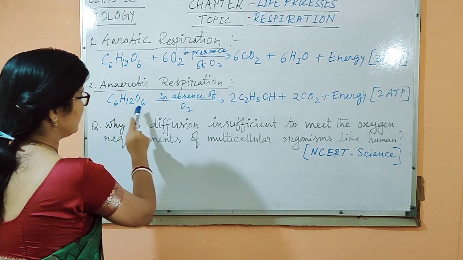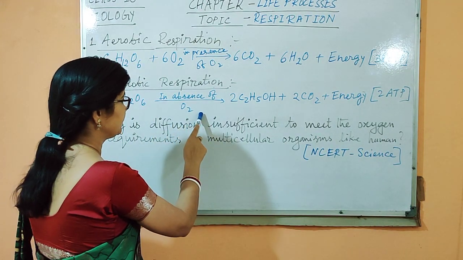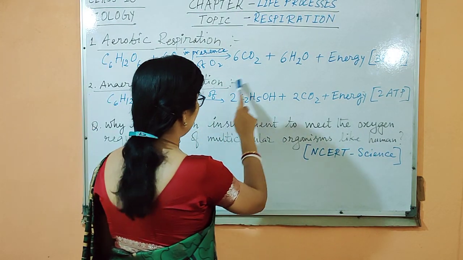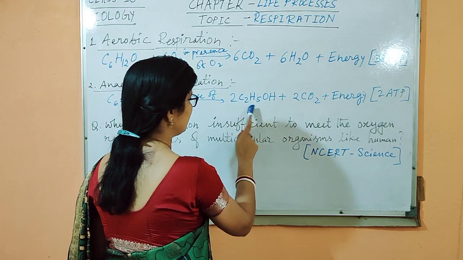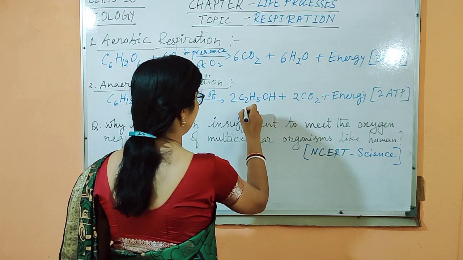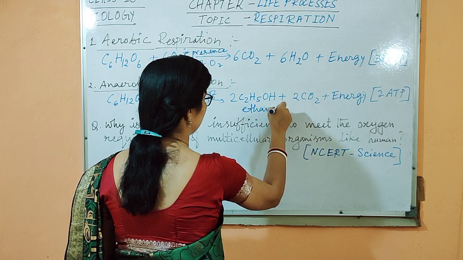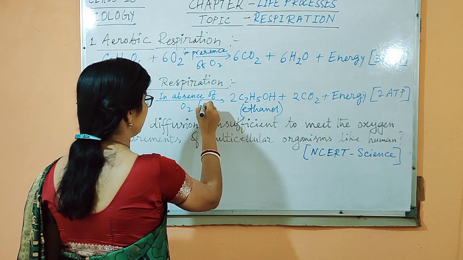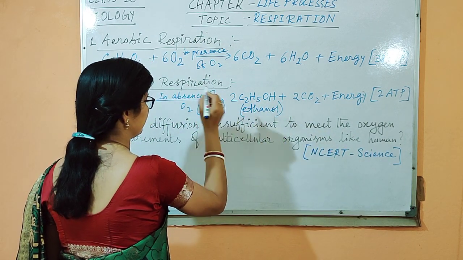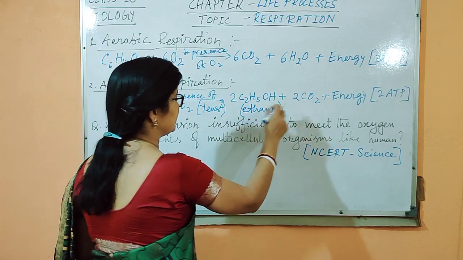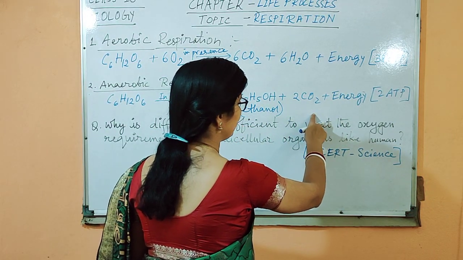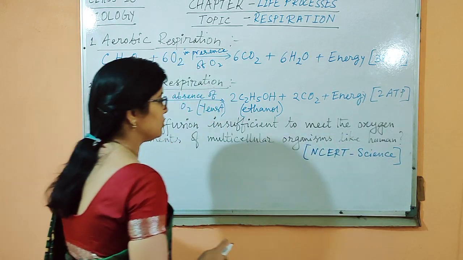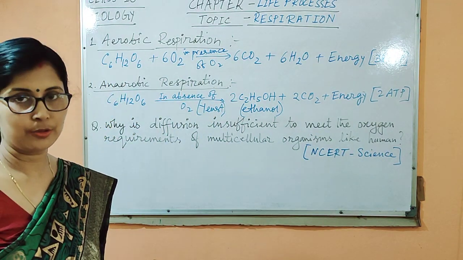One molecule of glucose in absence of oxygen converts into 2 molecules of ethanol, ethyl alcohol, in case of yeast. 2 molecules of carbon dioxide are released and only 2 ATP molecules of energy are produced.